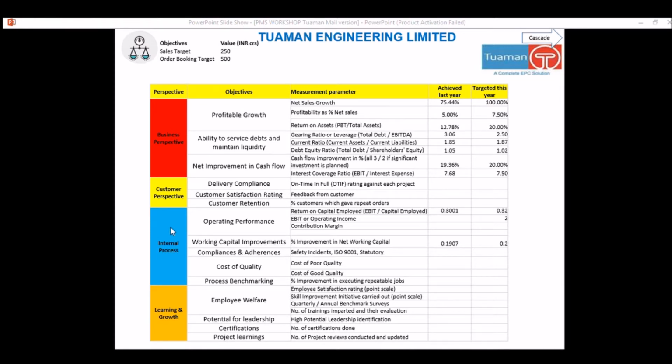In the internal processes, we have operating performance, working capital improvement, compliance and adherence, cost of quality, process benchmarking. In the learning and growth perspective, we have employee welfare, potential for leadership, certifications, project learnings. You can choose out of them whatever objectives you want to take under your goals.